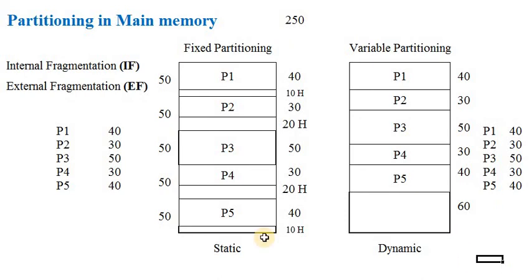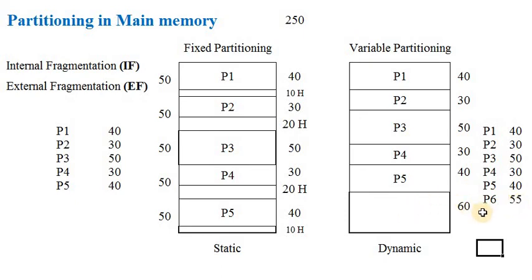Now, suppose one more process came in fixed partitioning as well as variable partitioning. What will happen? Let us see variable partitioning first. Suppose one process came like P6 with the size 55. Can this process be allocated in the main memory or not?